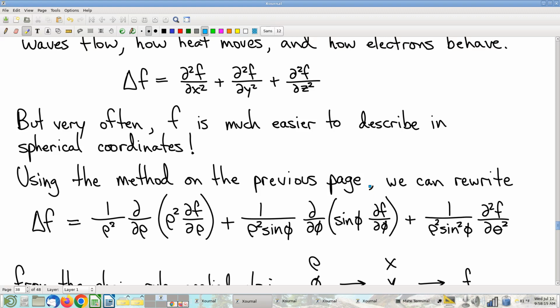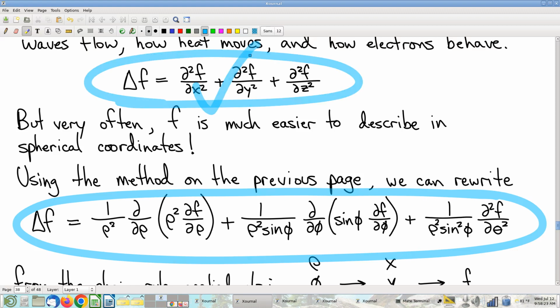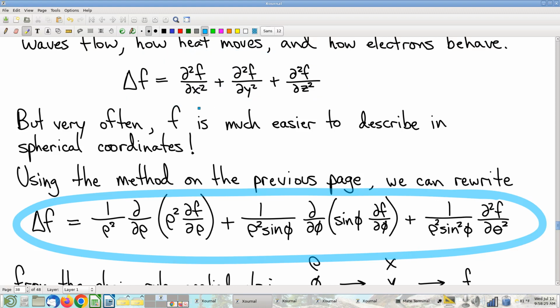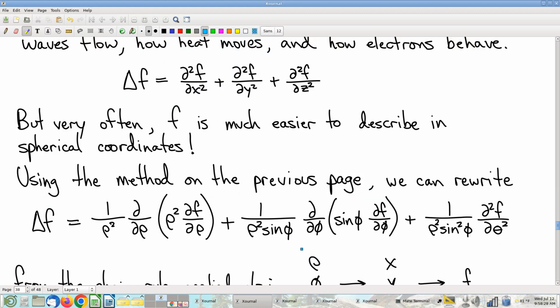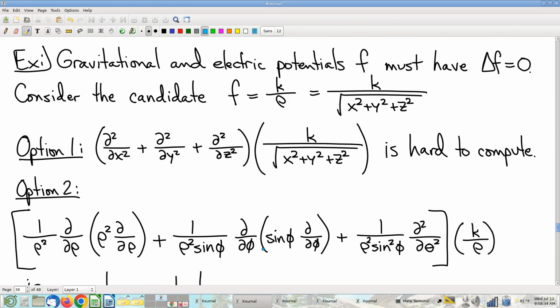But the punchline is that all of these expressions, when you add them all up, a lot of cancellation happens and they add up to exactly this. Okay, so this idea of second derivatives with the chain rule allows you to rewrite the Laplacian. Now, who cares? Well, here's Laplace's equation.